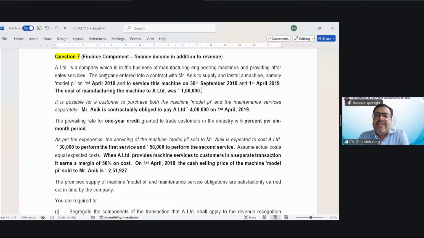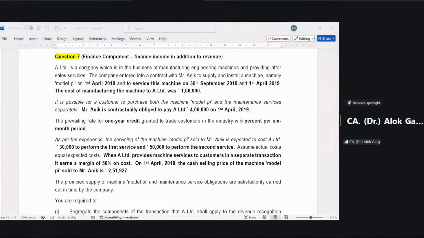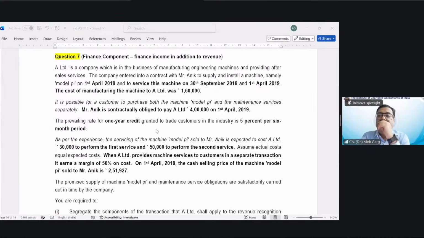On 1st April 18 this machine is getting supplied, and the after sale service will happen on 30th September and 1st April. And the cost of the machine which is given is 1,60,000.